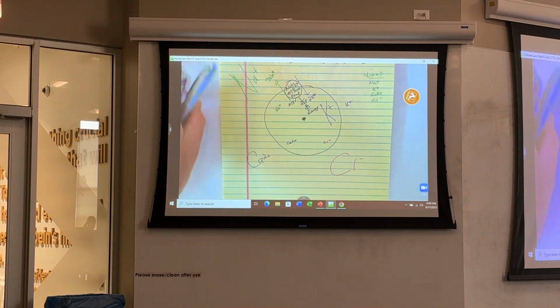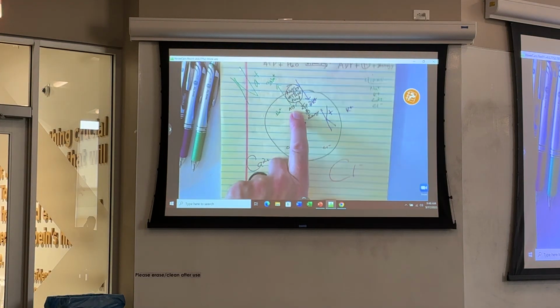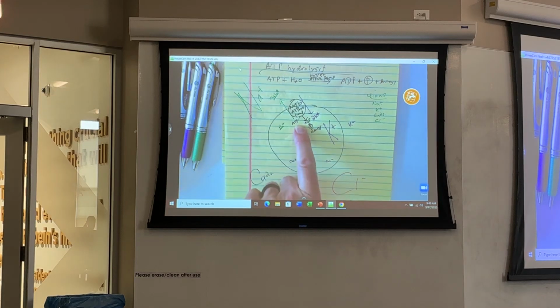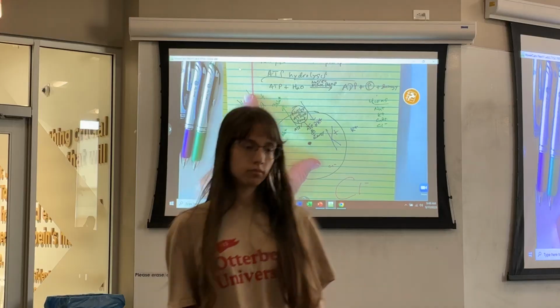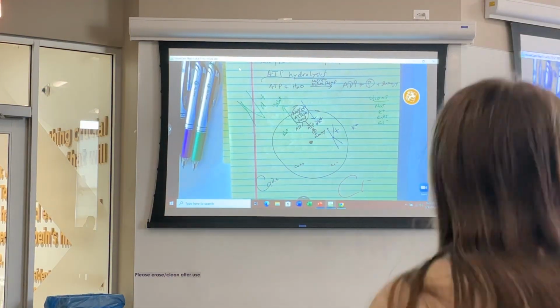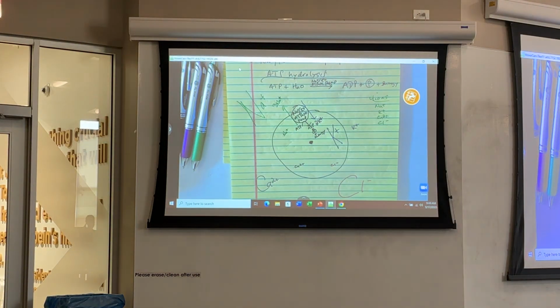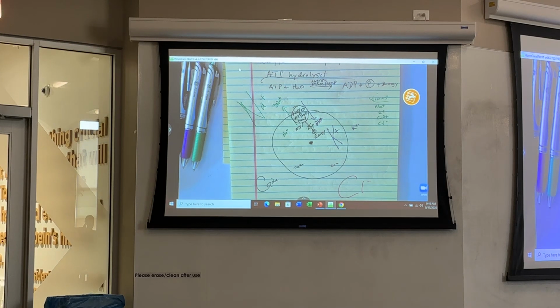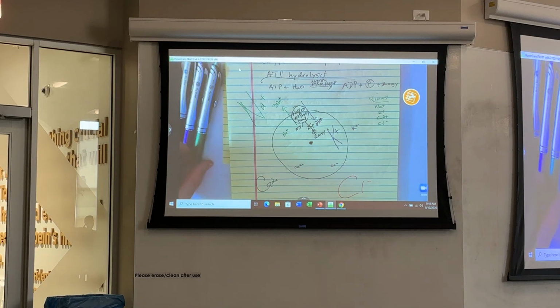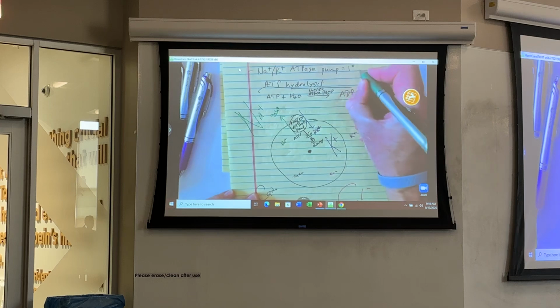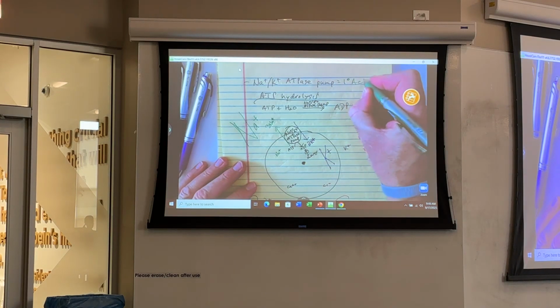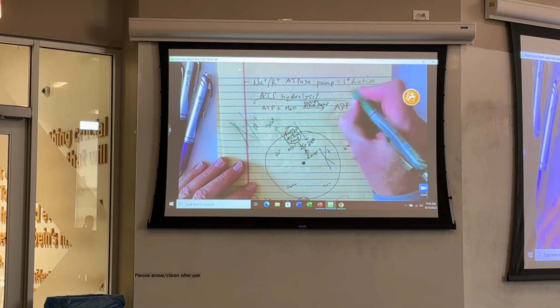Okay, so again, we need to utilize directly a molecule of ATP to move sodium against its concentration gradient, potassium against its concentration gradient. What do we call that process by which we use energy and ATP to move a substance or an ion against its concentration gradient? And you can be a little bit more specific. This is an example of primary active transport.